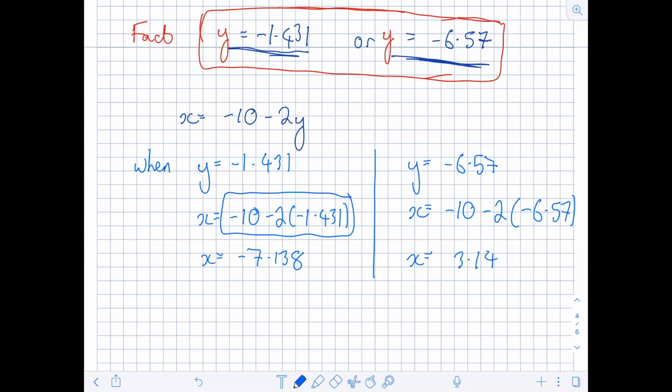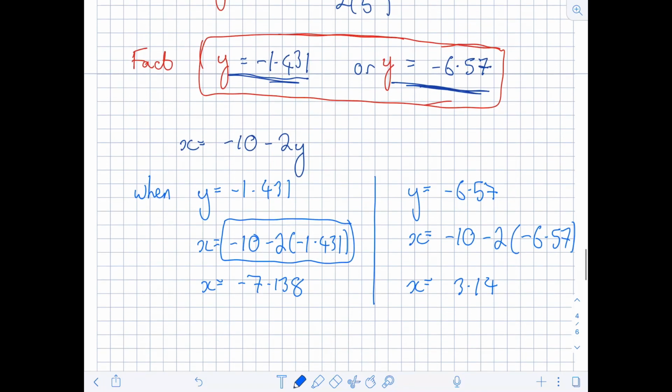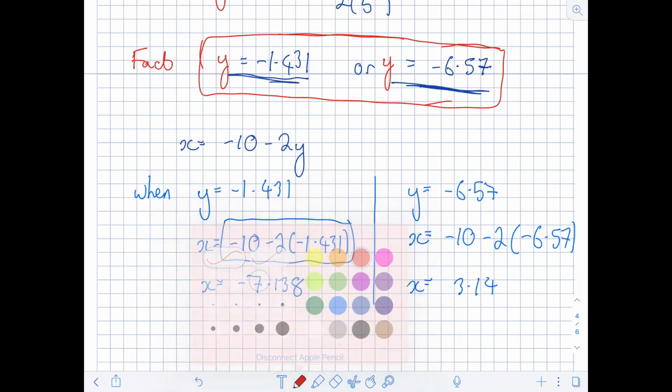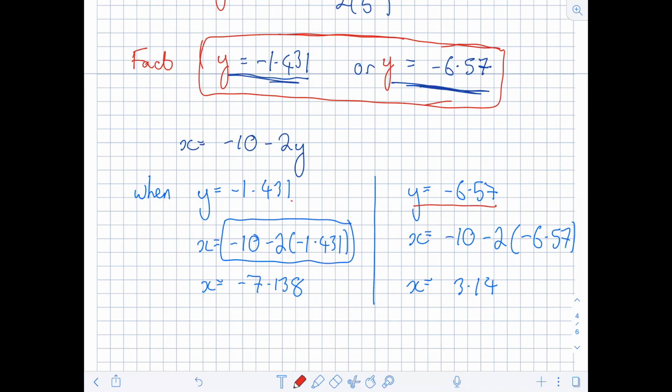Look at that, it's equal to pi. Yep, that is the answer. So we have worked out our y's here, we've worked out our x's here.